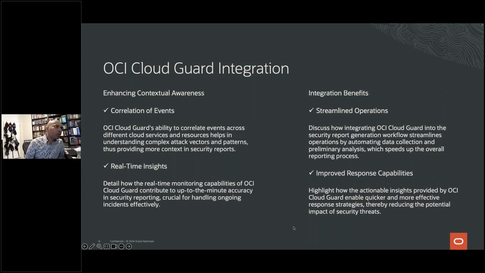So we use OCI Cloud Guard to enhance our contextual awareness. As you have seen, contextual awareness is key in any meaningful automated reporting and any subsequent remediation, whether it is automated or not. OCI Cloud Guard's ability to correlate events across different cloud services and resources helps in understanding complex attack vectors and patterns, and thus it provides more context in security reports.